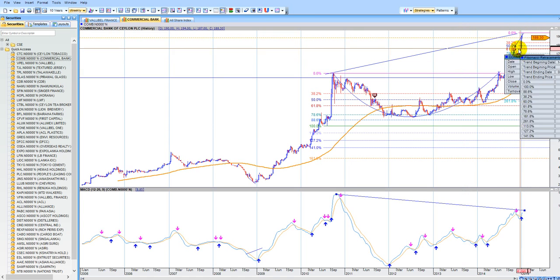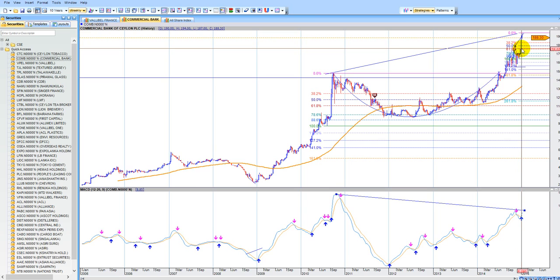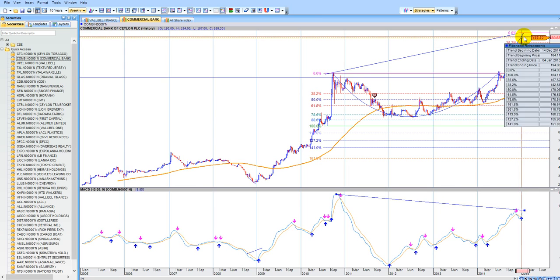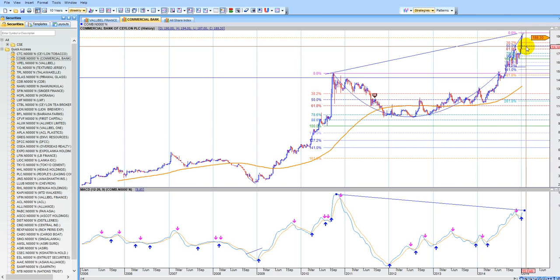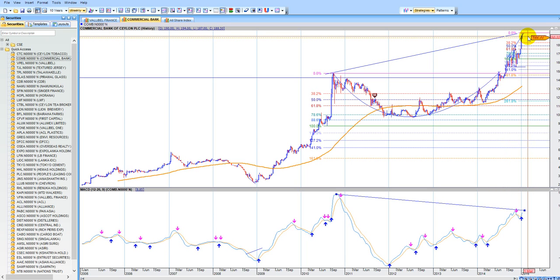Now we are seeing on this weekly candle a huge gain, from 175 towards 190. So for me, the market is somewhat overheated for Commercial Bank. So we should see some resistance taking place in the vicinity of 200.